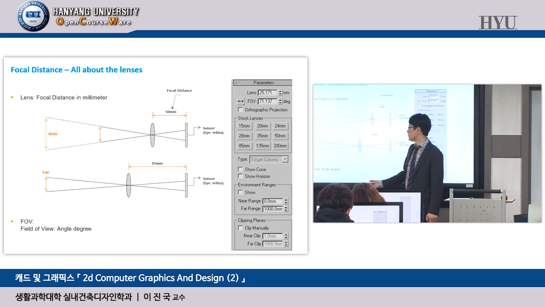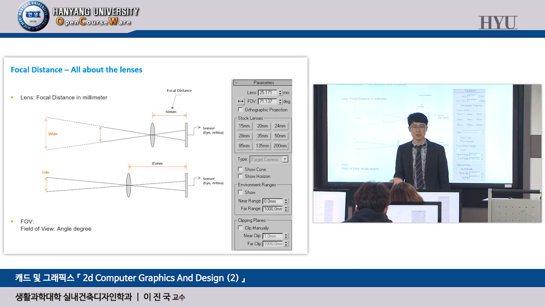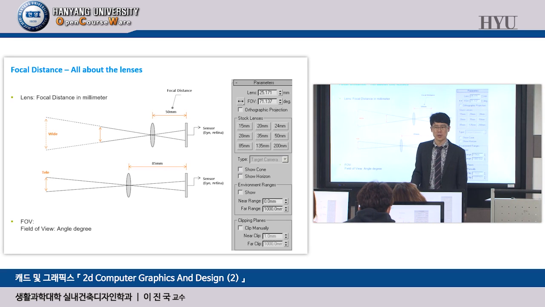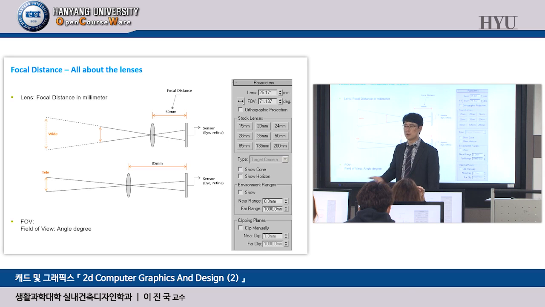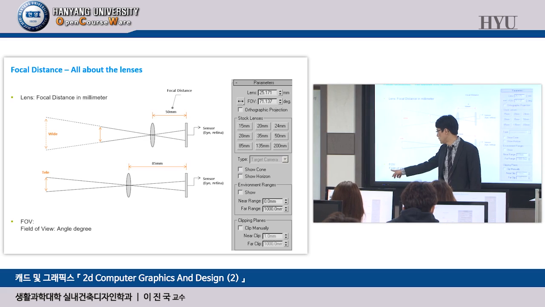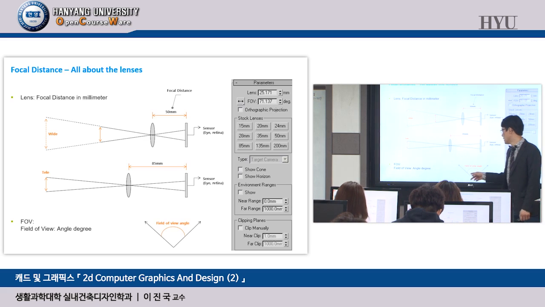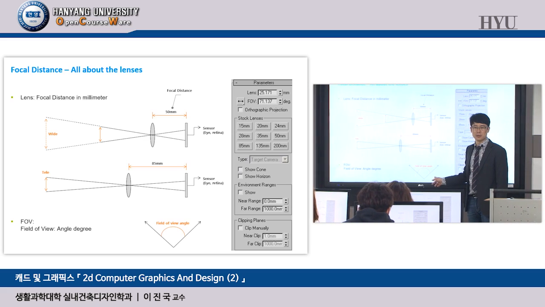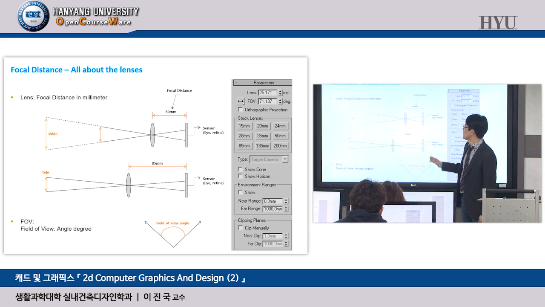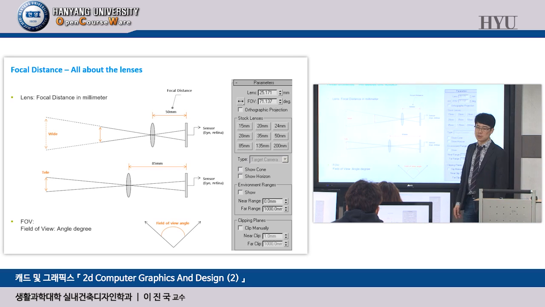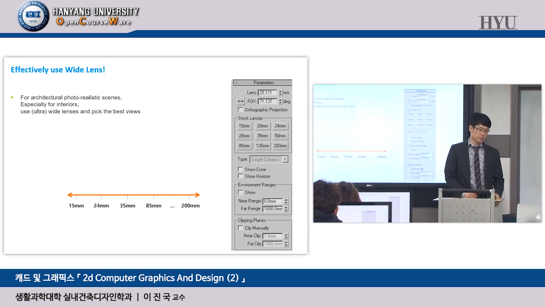So there is the concept of field of view. In today's lab exercise, by using SketchUp, you're going to make some different fields of view, okay, today. Anyway, field of view here means the angle of your view, okay? So this is wide lens. That's why we say wide lens, and this one we say telescope lens.